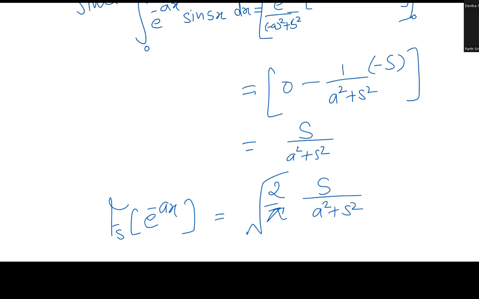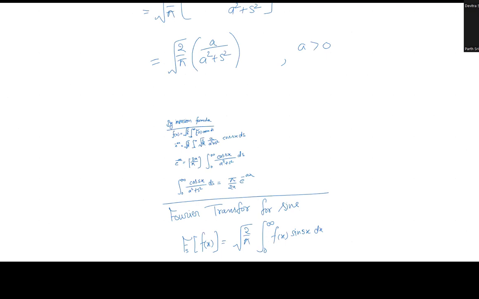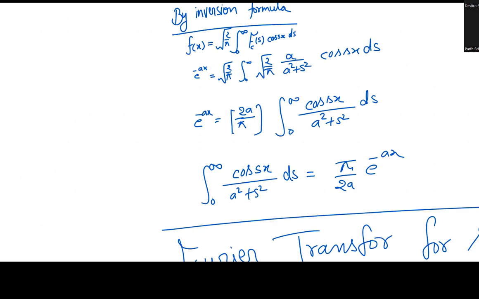You got it? So now you can do it for inversion. Instead of this, we will write here s over a square plus s square.